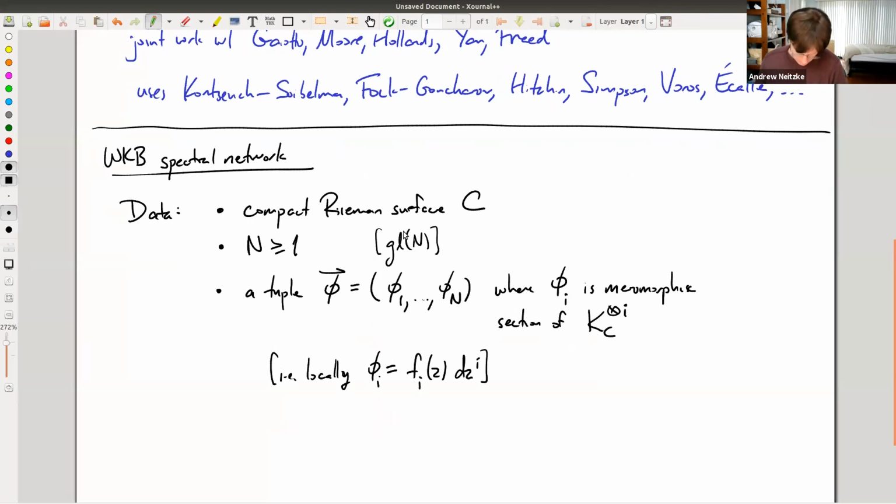Now, this phi1 is not too important. So all the rest of them are important, but phi1 is somehow not that important. So we'll often simplify, just to simplify the statements and notation. It'll be convenient to just take phi1 equals 0.